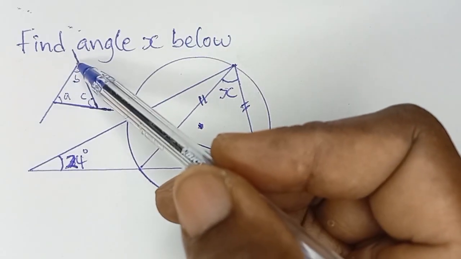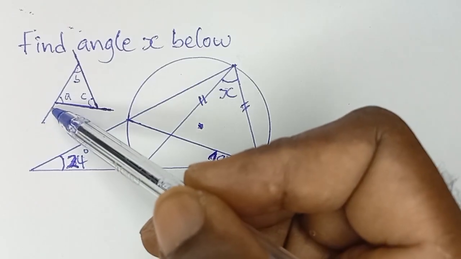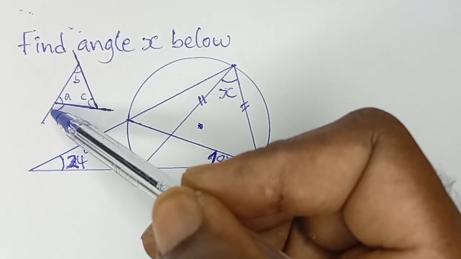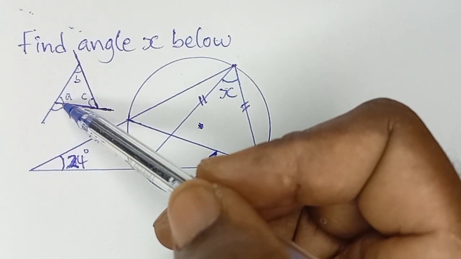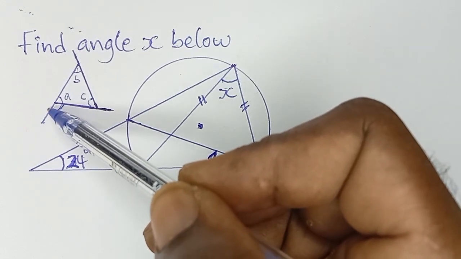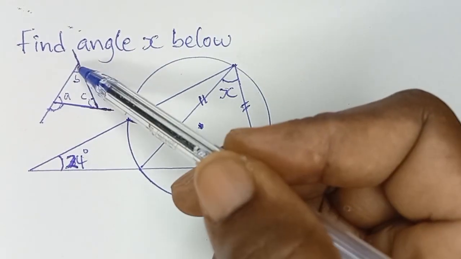Now, when a line is extended outwards of a triangle to form an exterior angle such as this, then take note of that theorem that says that this exterior angle is equal to the sum of the two opposite interior angles.